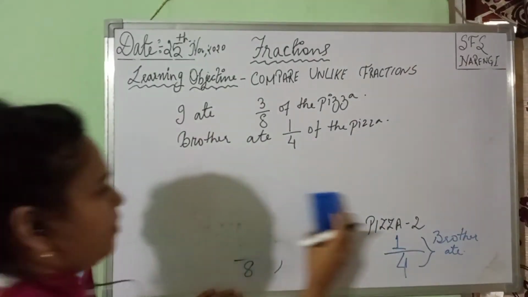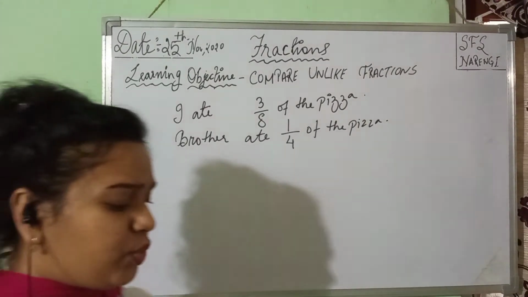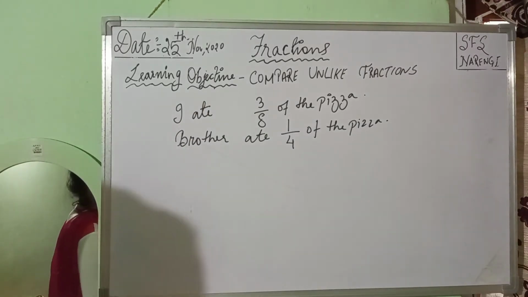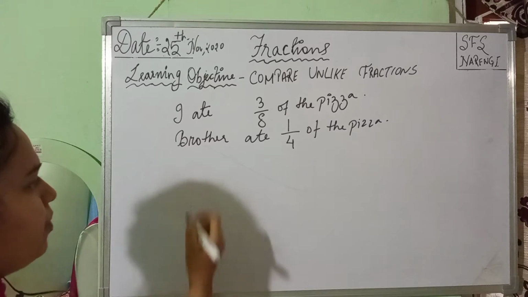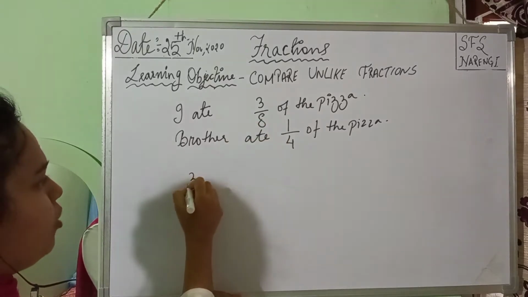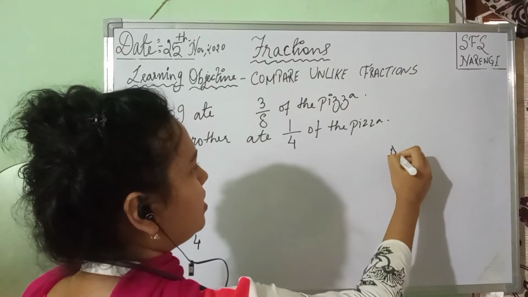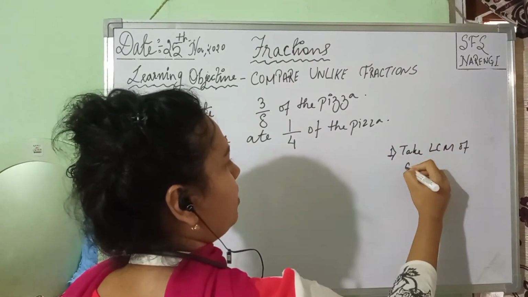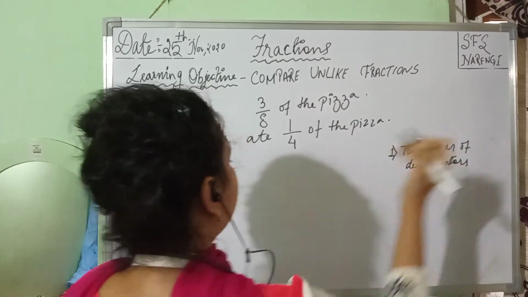So children, you can see that 3 by 8 and 1 by 4 are unlike fractions. So to compare unlike fractions, what is the first thing I'll do? To compare 3 by 8 and 1 by 4, the first step is to take the LCM of the denominators, okay?